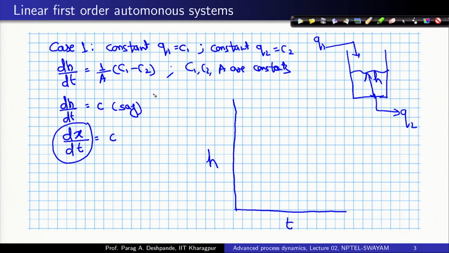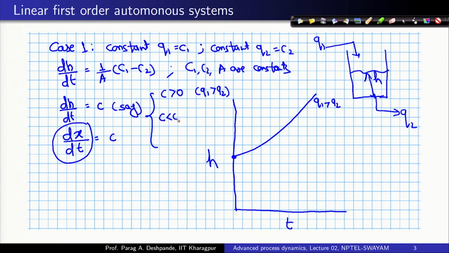When C is greater than 0, which means q 1 is greater than q 2, the input flow rate is larger than the output flow rate, then what is going to happen? If you have a certain initial level of the liquid in the tank, then the derivative is going to be positive. So, you can expect that the liquid level will rise with time.